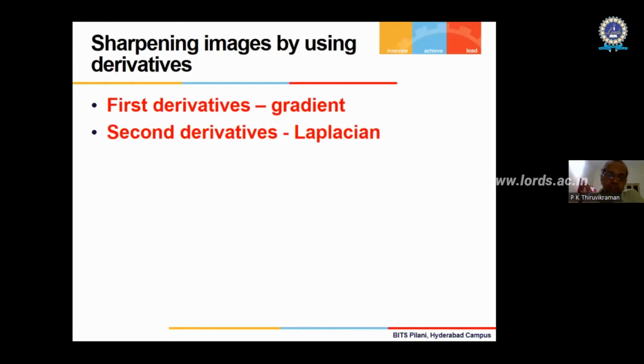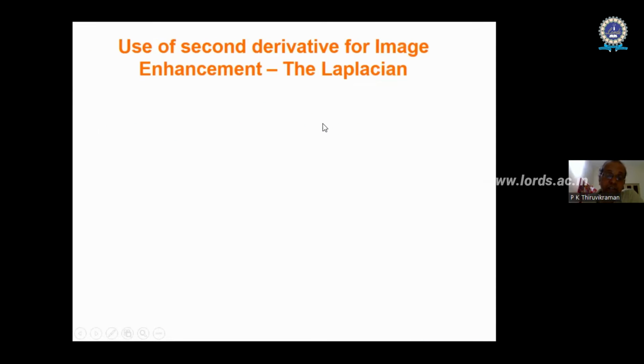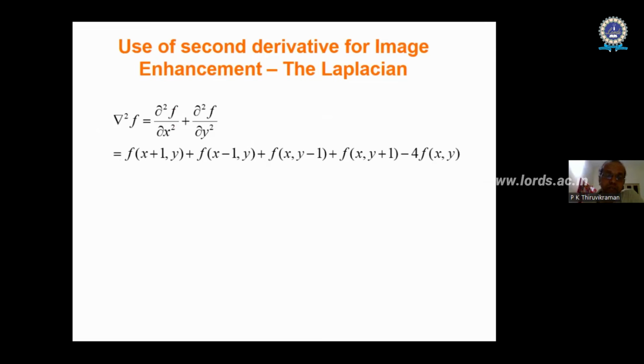So usually there are two derivatives possible, first derivative or second derivative. And the image is two-dimensional. So the second derivative is also called a Laplacian. The first derivative is called the gradient. So I will just look at the second derivative. Okay. So this is the definition of Laplacian.